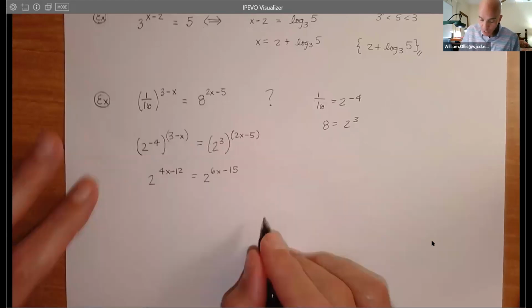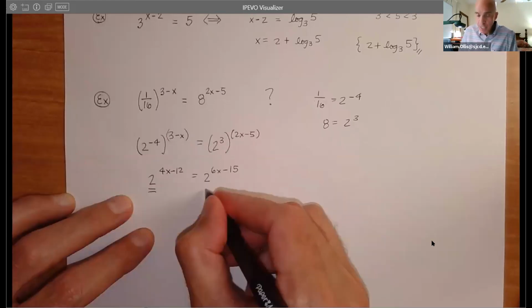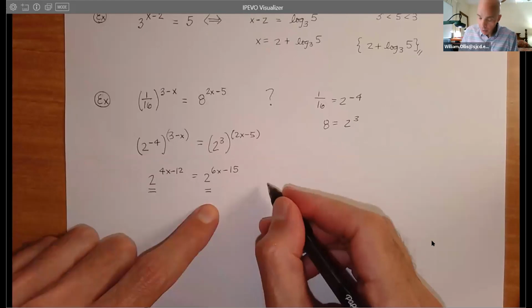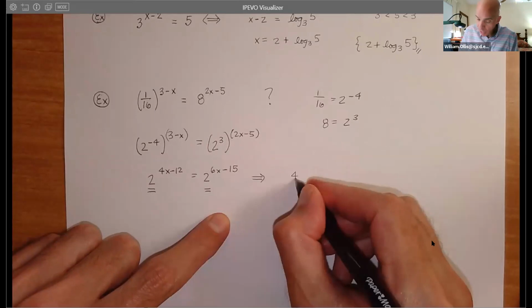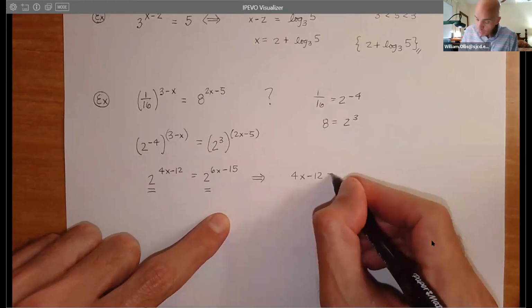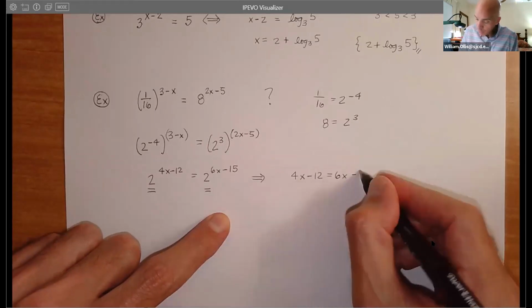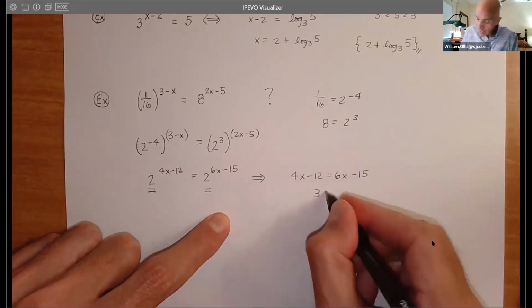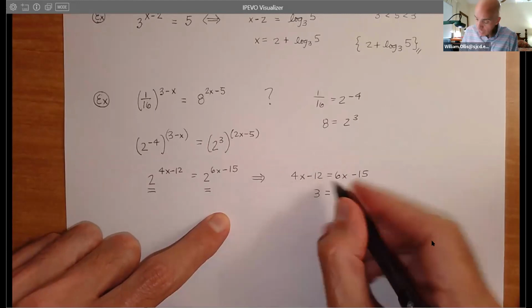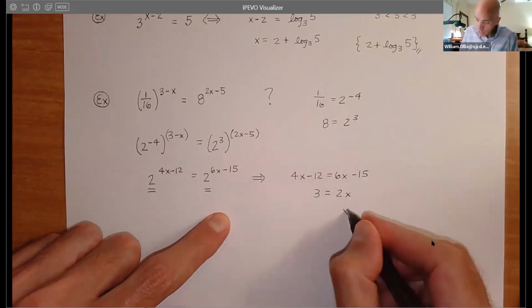But now the bases are equal, and these functions are 1-to-1. The exponential function's 1-to-1, so this says 4x minus 12 must equal 6x minus 15. So if I add 15 to both sides, I get 3. And if I subtract 4x from both sides, I get 2x. So x is 3/2.